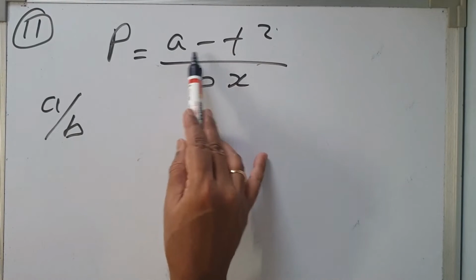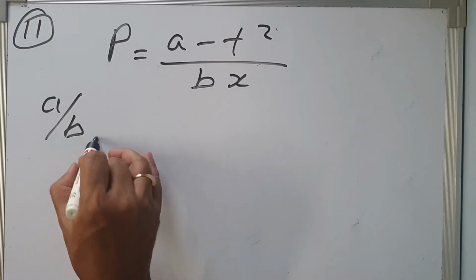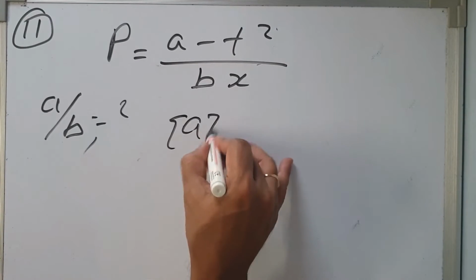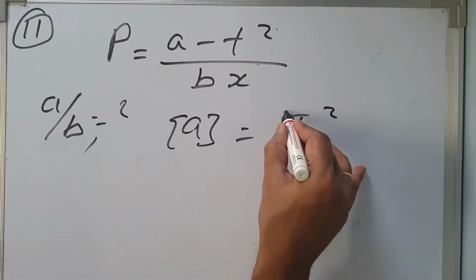You can add or subtract only those quantities having the same dimensional formula. Now therefore, what is the dimensional formula of A? It should be T squared.